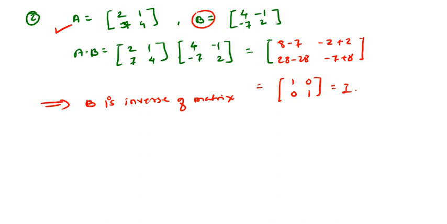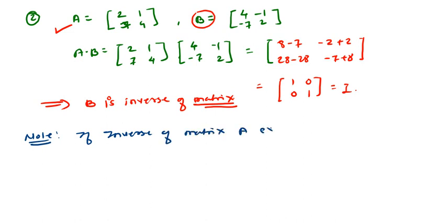Our questions will be to find the inverse of a matrix using the adjoint method. Before that, you must note one thing: if the inverse of matrix A exists, then the determinant of A is not equal to 0.